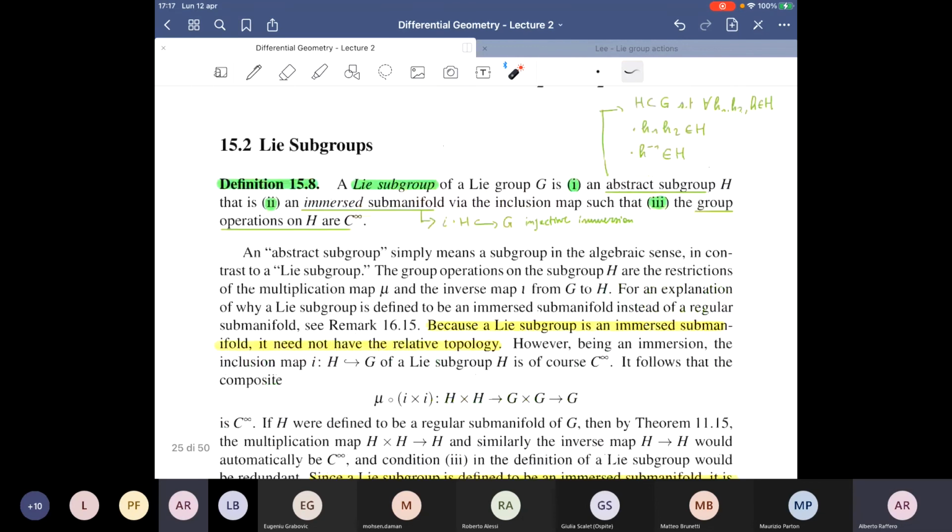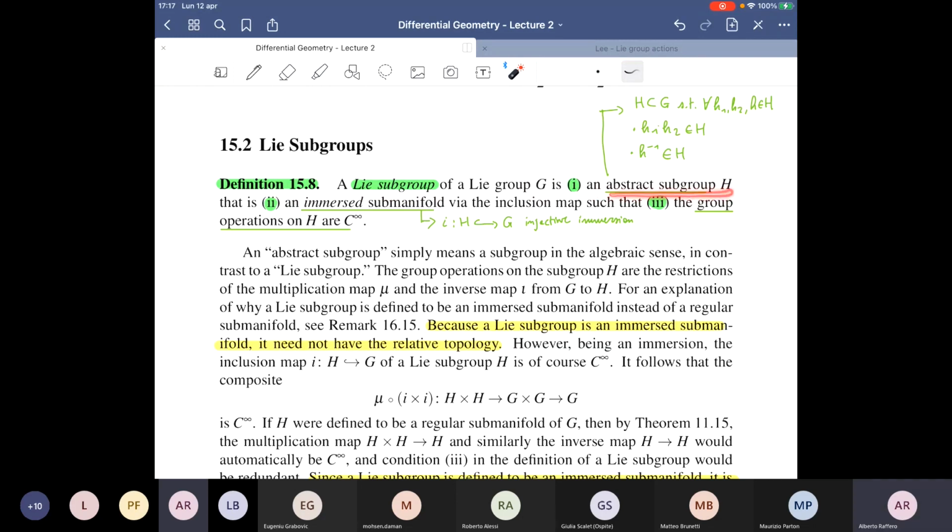And so it makes sense to introduce the notion of Lie subgroup. And pay attention to the fact that we require some conditions in this case. Given a Lie group G, a Lie subgroup will be, first of all, an abstract subgroup H of G.